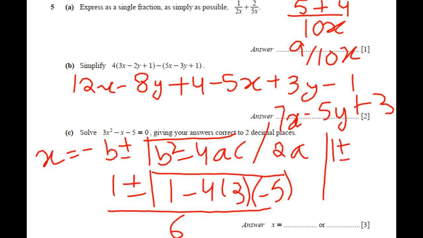Plus minus under root, this becomes 4 times 3 times 5 plus 1, 61, over 6. Solve this in your calculators separately, once with the positive sign, then with the negative sign. You'll get 2 answers.